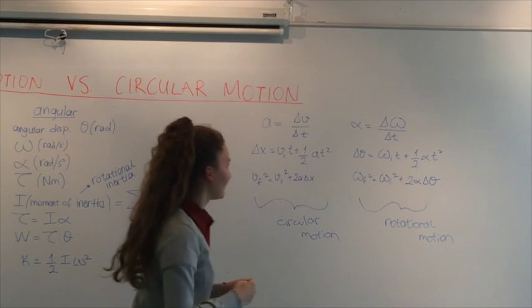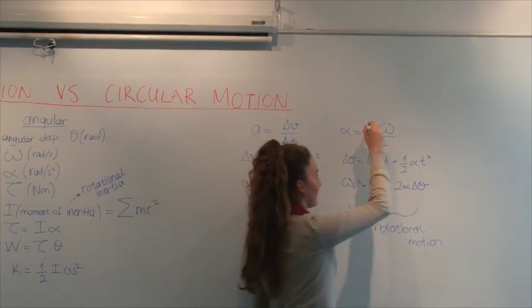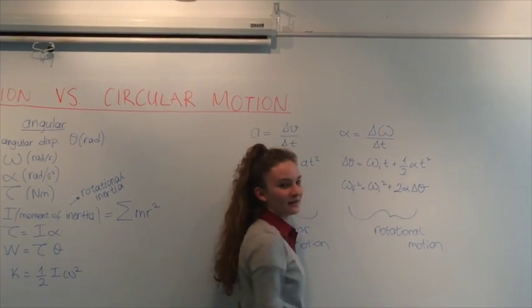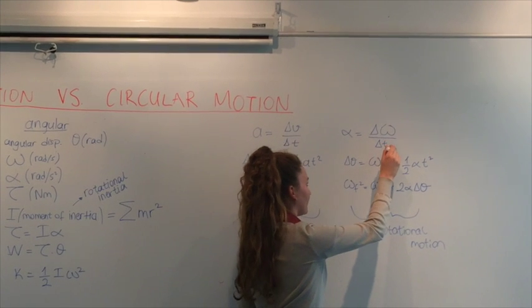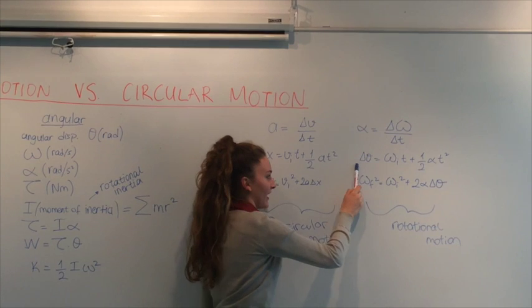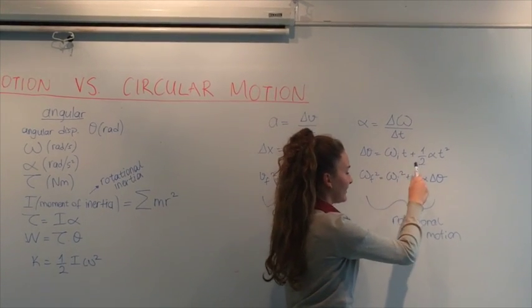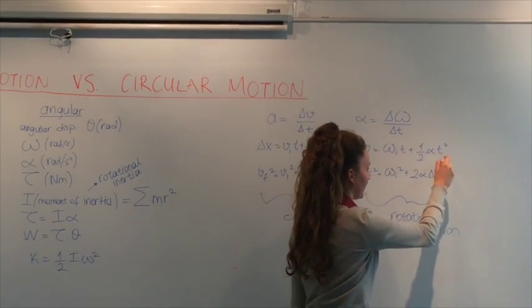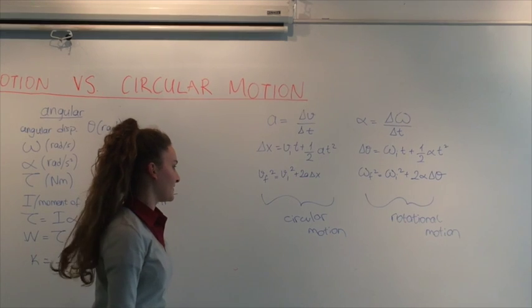we can see that alpha, which is the angular acceleration, equals delta omega, omega being the angular velocity of the object, over the change of time. And then here the angular displacement is equal to omega initial t plus 1/2 alpha t squared, alpha being the angular acceleration.